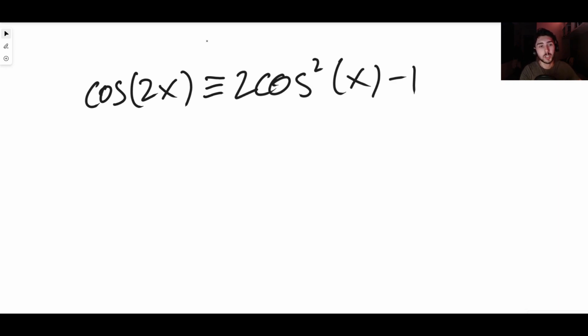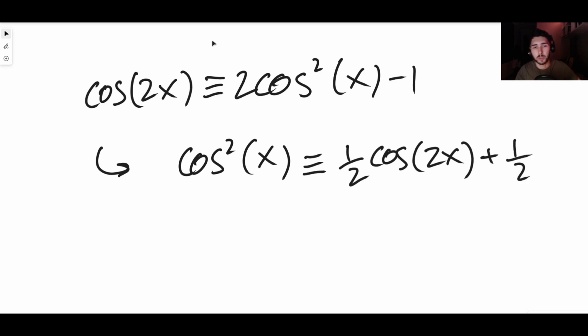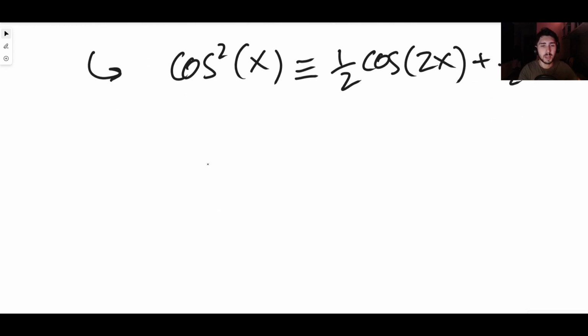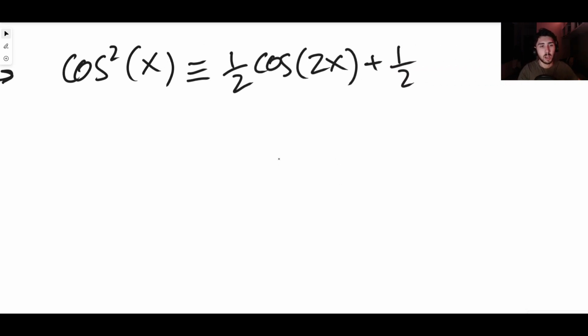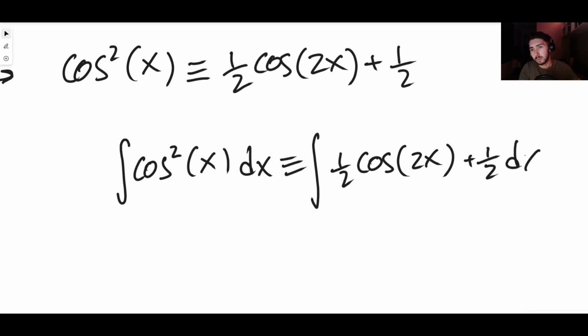So if we rearrange this to get cos² on its own, if we add 1 to both sides and then divide by 2, we end up with a half cos 2x plus a half, or a half plus a half cos 2x, if you want to write it like that. Which basically means that the integral of cos² x dx is just going to be equal to the integral of a half cos 2x plus a half with respect to x.